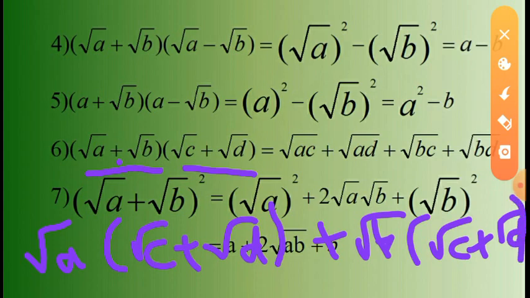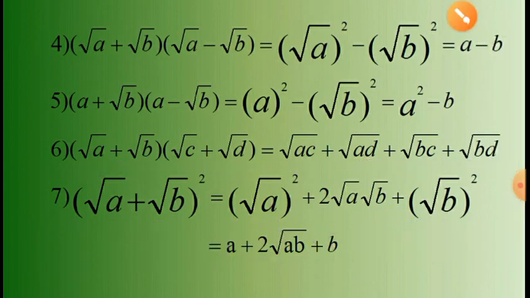Now just multiply that root A inside the bracket. So root A into root C, I'll get root of AC. Root A into root D, I'll get root of AD. Then root B into root C, root of BC. And root B into root D, it is root of BD.